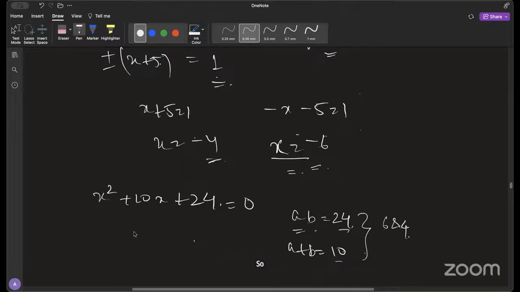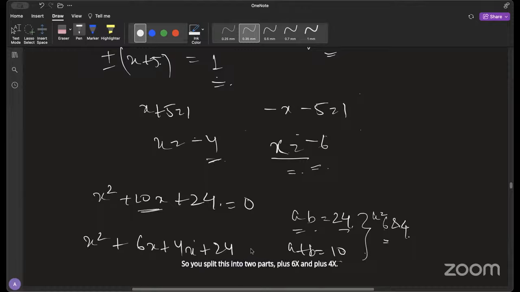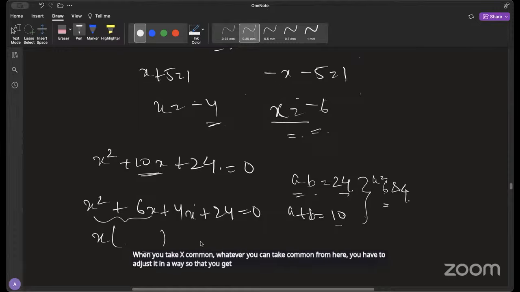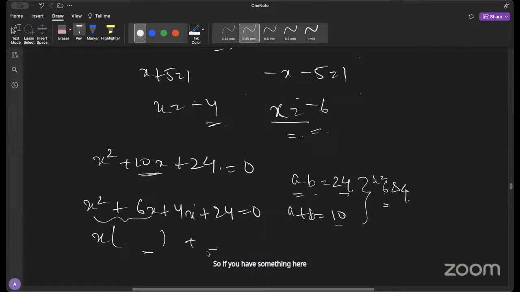So you should do it. And what's the next step? What do we do after this? You split this into two parts, plus 6x and plus 4x. Then you take x common, whatever you can take common from here. You have to adjust it in a way such that you get a common thing here. If you have something here, something here, you need something to be common.